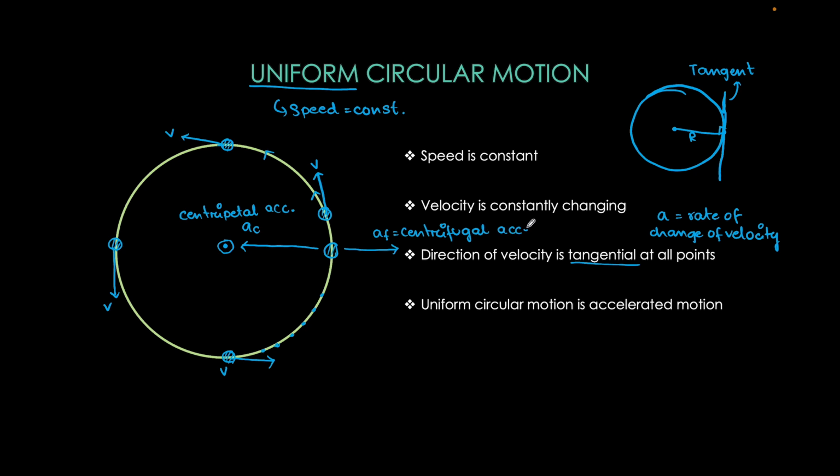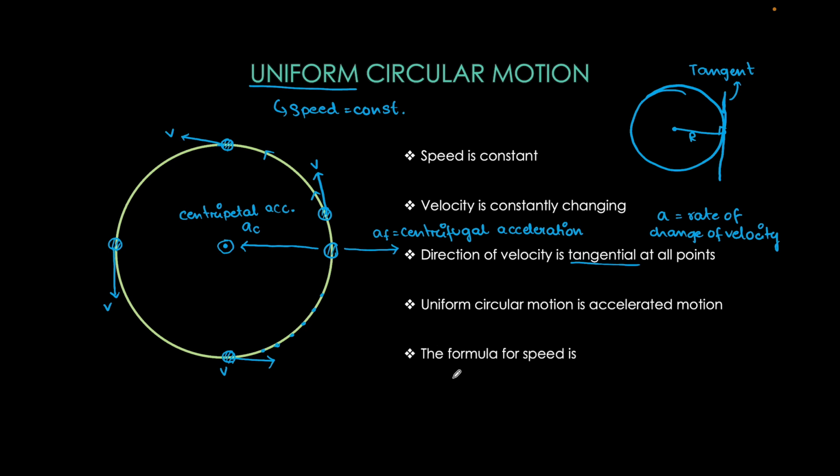So centrifugal acceleration is an advanced topic and you would be studying it in your higher standard. But yes, you need to remember that there are two kinds of acceleration that are acting on the body while undergoing circular motion. That is, we have centripetal acceleration and centrifugal acceleration, right? So uniform circular motion is an accelerated motion.